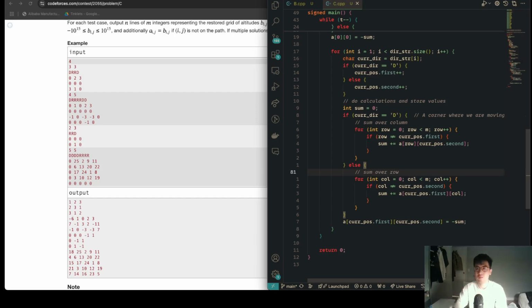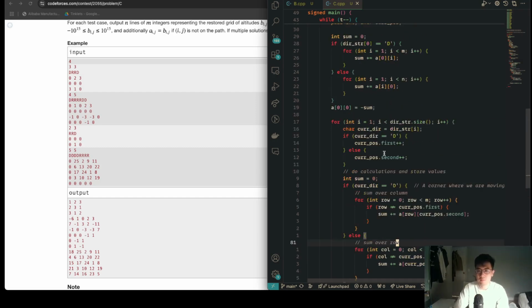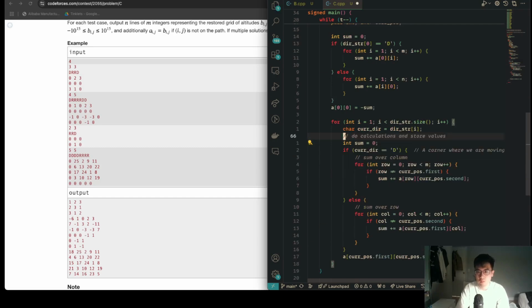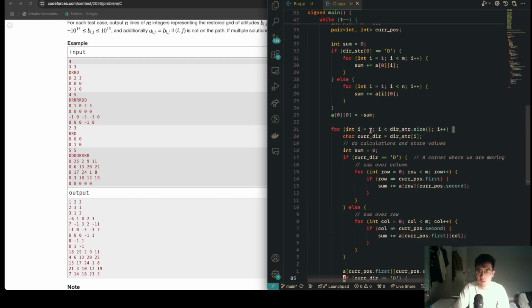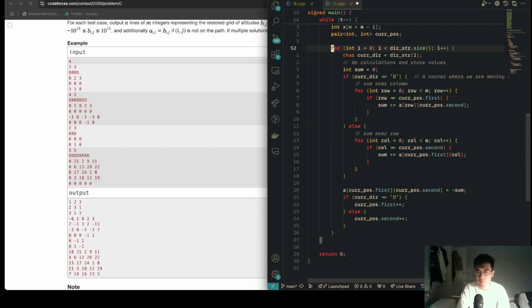You basically need to know where the next one is. So I was actually right. If you're moving to the right, that means that everything in this section is clear.